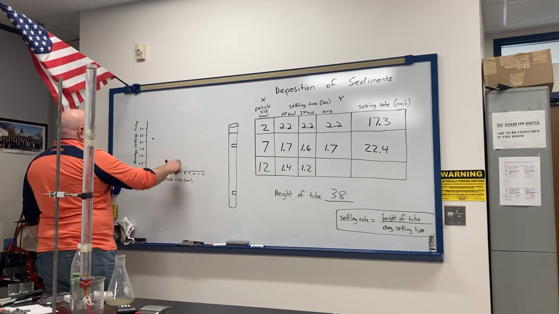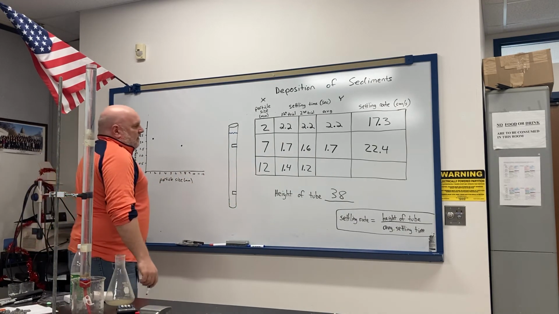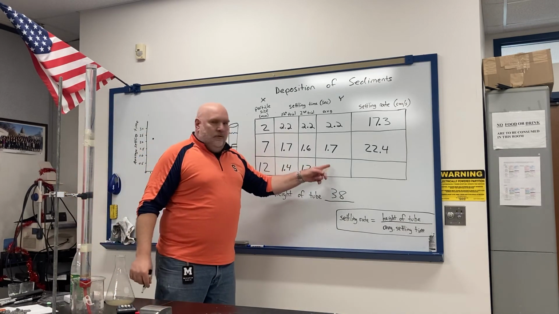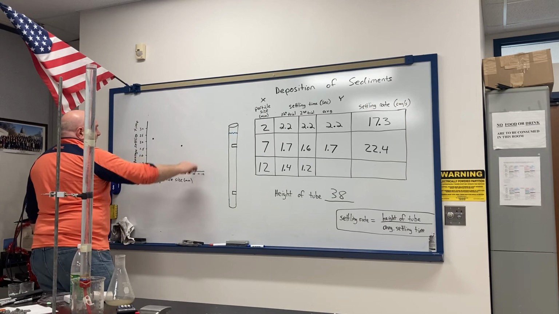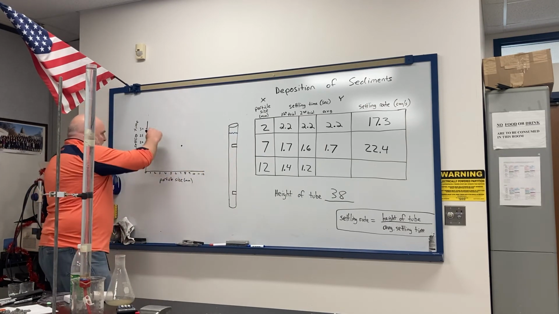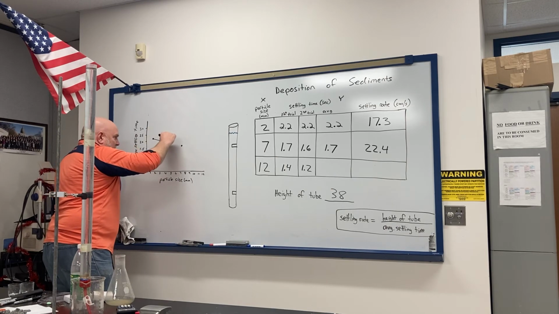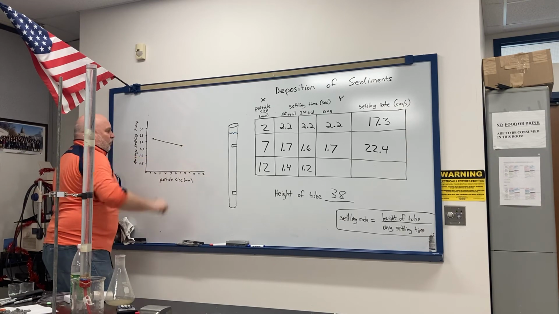So 7, 1.7 is right about there. And then you're going to have to plot the value for the 12, which should be over here someplace. After you have your 3 points down, you're going to connect them with a line. So connect those two, and then wherever the third point is over here, you connect that one as well.